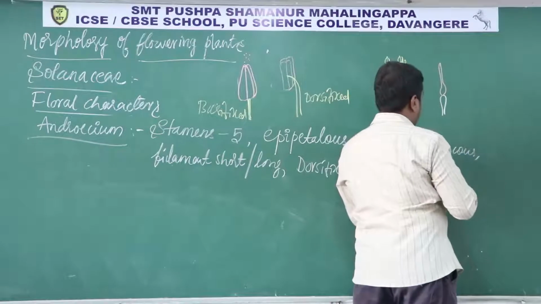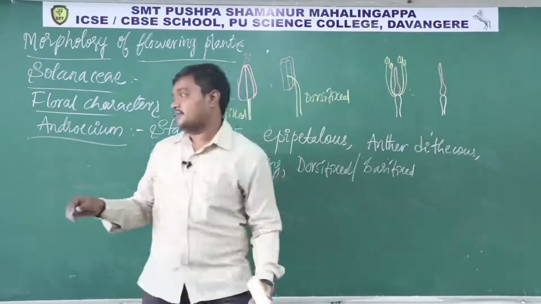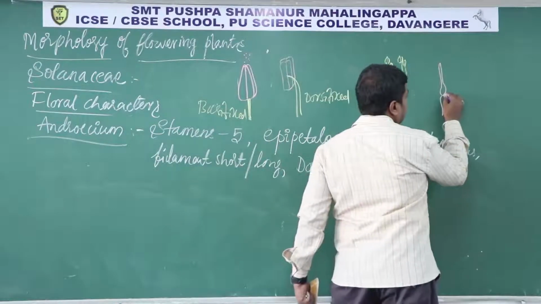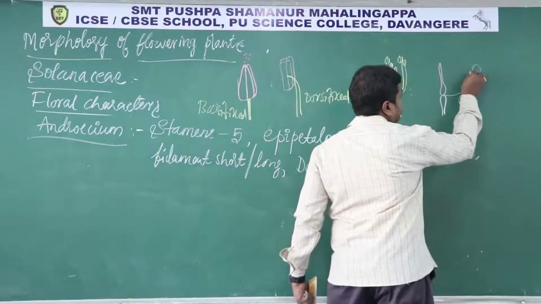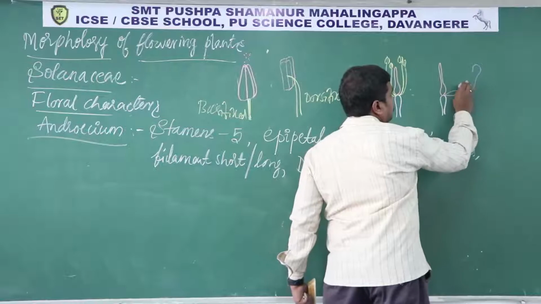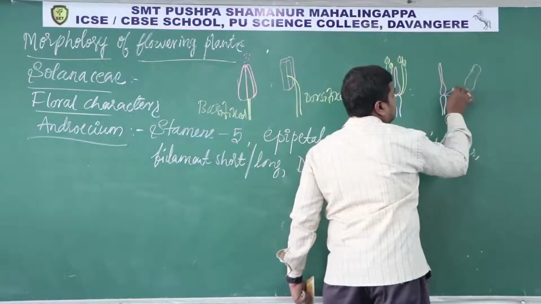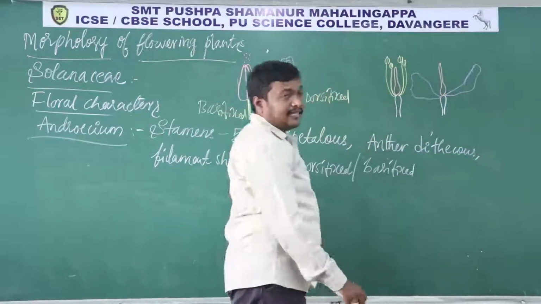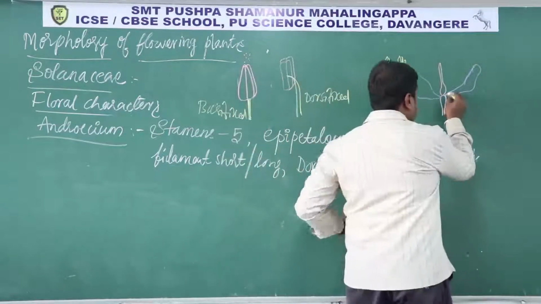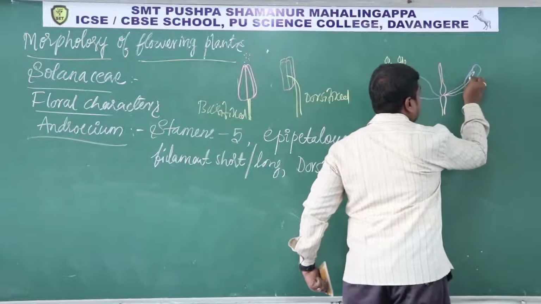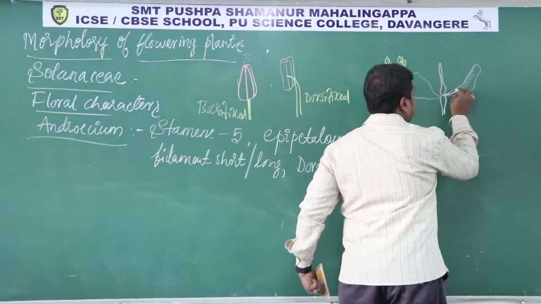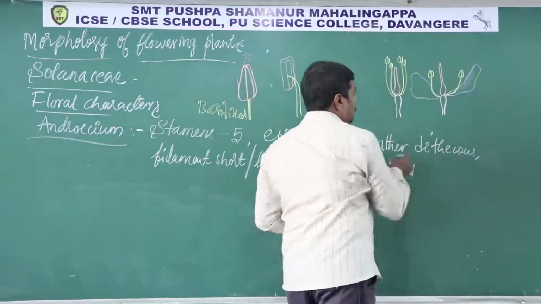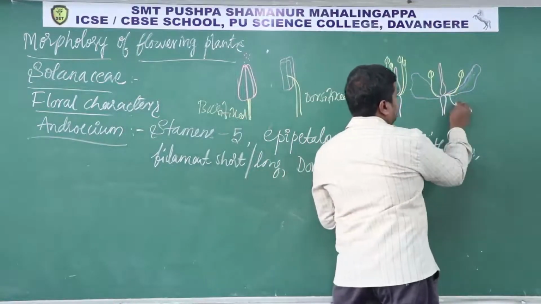so here, let me write in a different color. This is the petal. The petal is like this, and the stamens are attached to the petals.